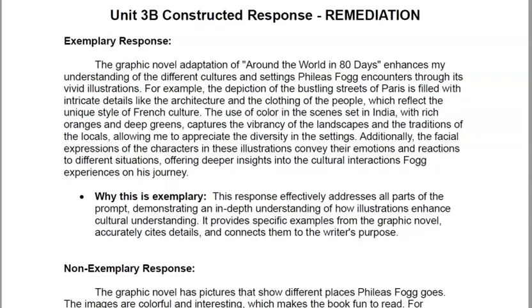And you really want to give as much specific detail about the text and specifically the illustrations of the graphic novel as possible, and explain how those illustrations help you to understand the story and its cultural connections.